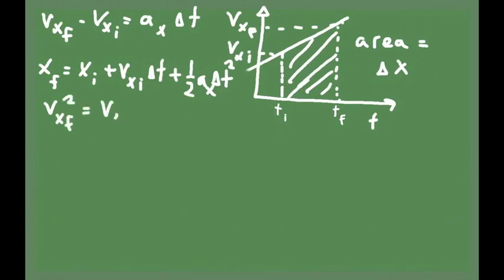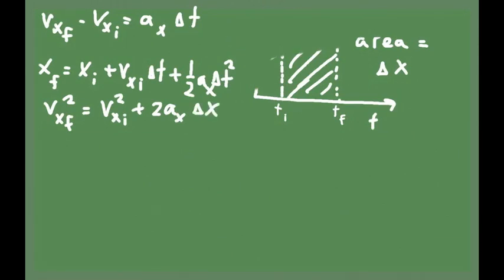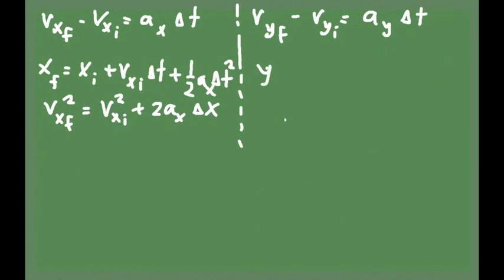And there is a third equation that you can use for uniformly accelerated motion, which is the one that involves velocity and does not involve time. So those are the three basic equations that you can use to solve any one-dimensional kinematics problem with constant acceleration. Now for the y component in the two-dimensional problem, if the y component of the acceleration is constant, then we have basically the same set of equations. Instead of x, we write y.